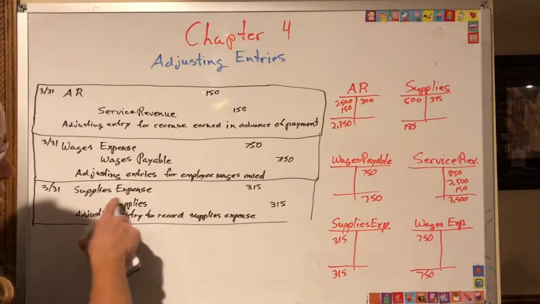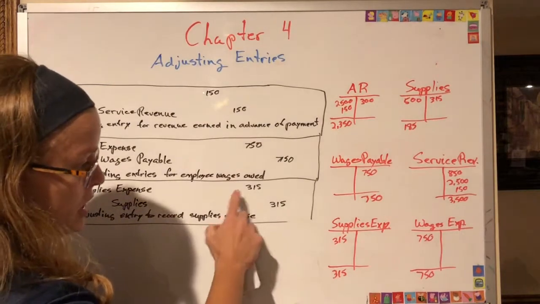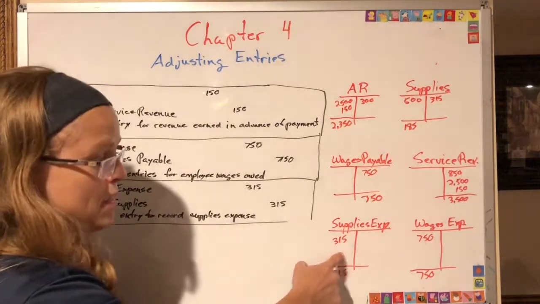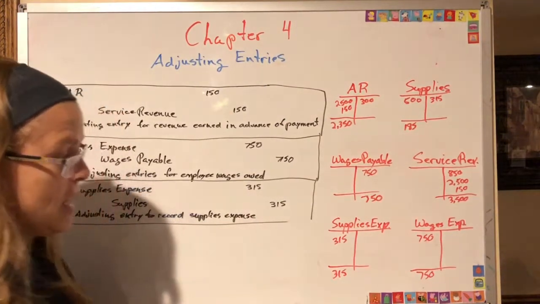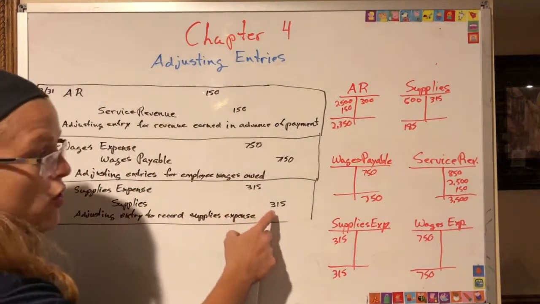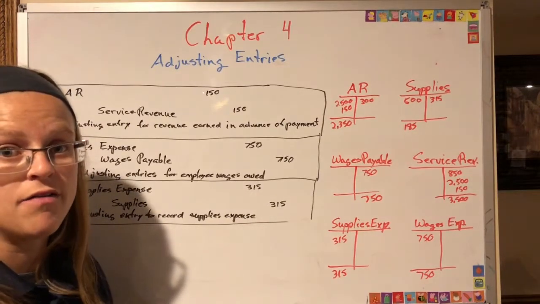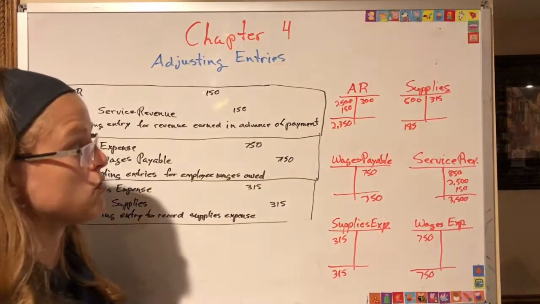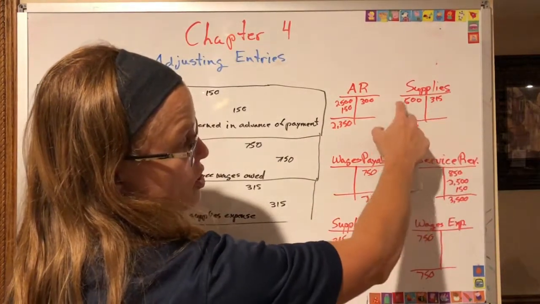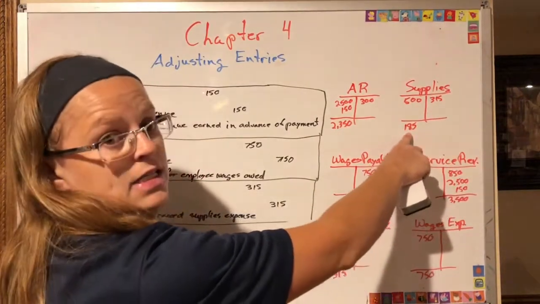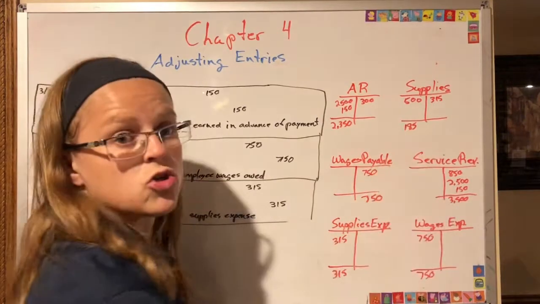So our supplies expense is our debit. So we have a supplies expense T account here, and we're debiting it $315. And our supplies is credited because we no longer have that $315 worth of supplies. So that is credited. So our supplies account is now at $185 total.